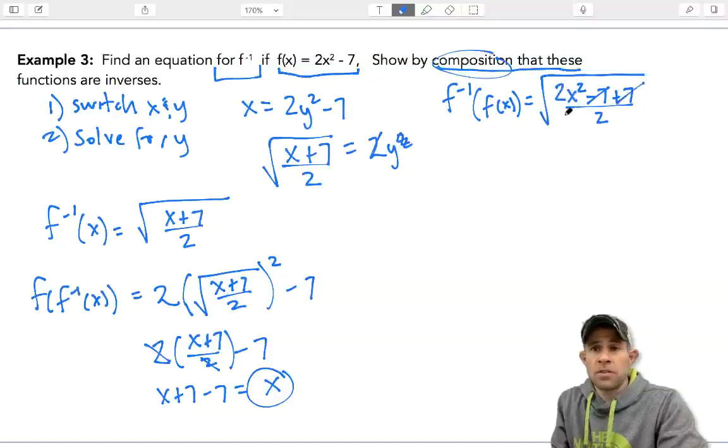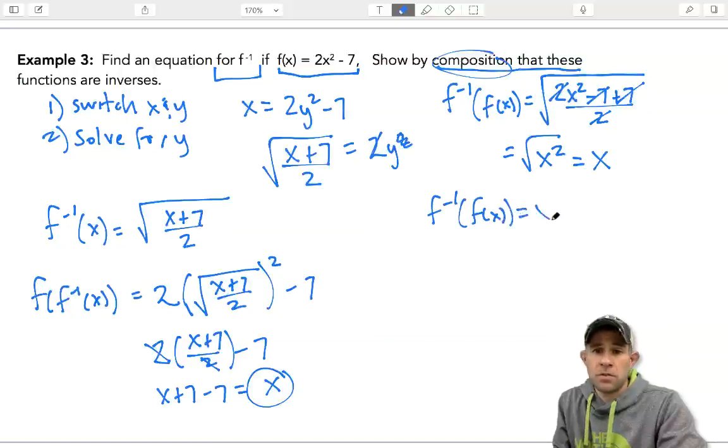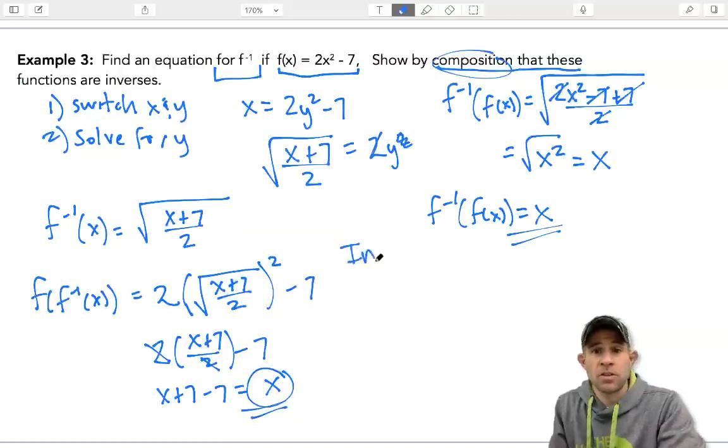I'll be left with the square root of 2x squared divided by 2. Well, the 2's will cancel out as well, so I'll be left with the square root of x squared, which is in fact x. So we now know that f inverse of f of x is also equal to x, and therefore we've shown by composition that these are inverse functions of each other.